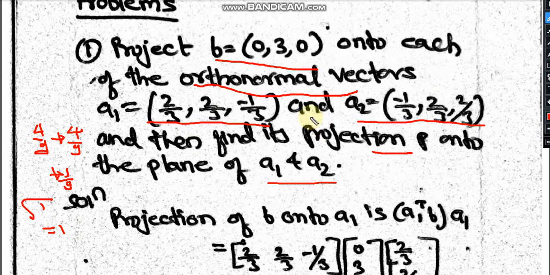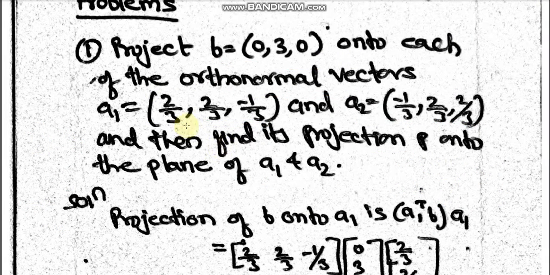And if I multiply this with the transpose of the other, 2 by 3 into 1 by 3 gives 2 by 9, minus 2 by 9, and then minus 1 by 3 into 2 by 3 gives minus 2 by 9. Minus 2 by 9 minus 2 by 9 plus 4 by 9 equals 0. So they are the columns of an orthonormal matrix.